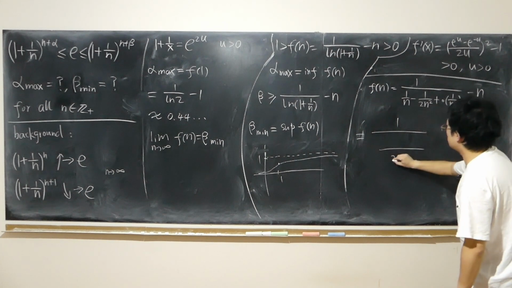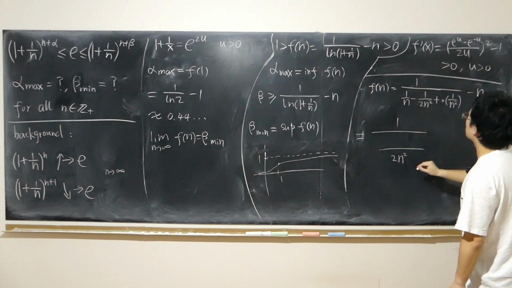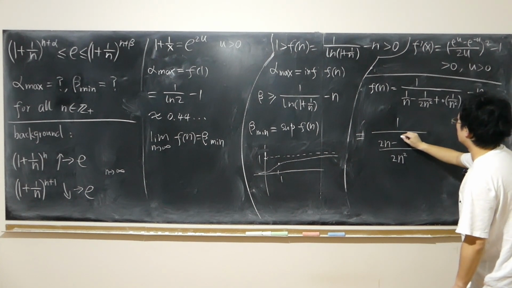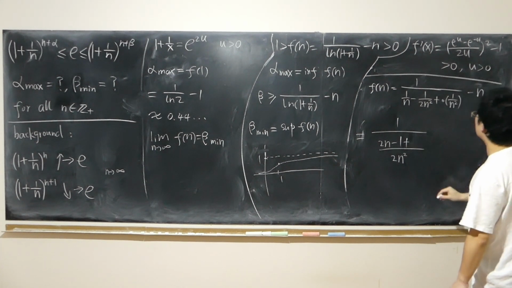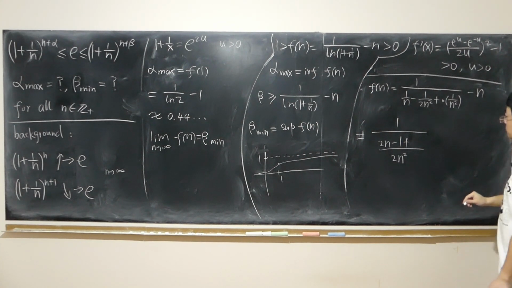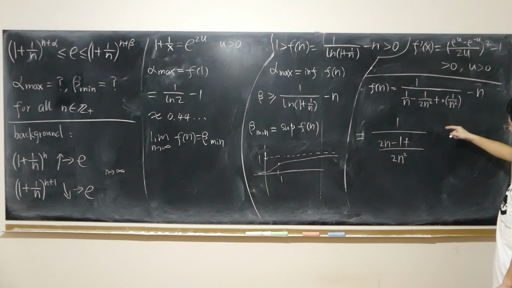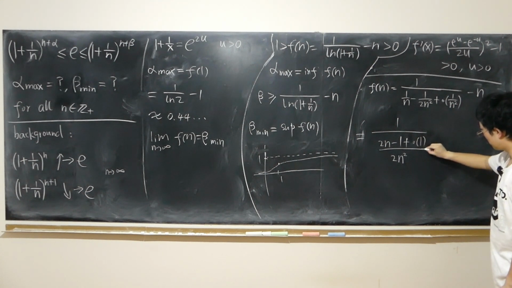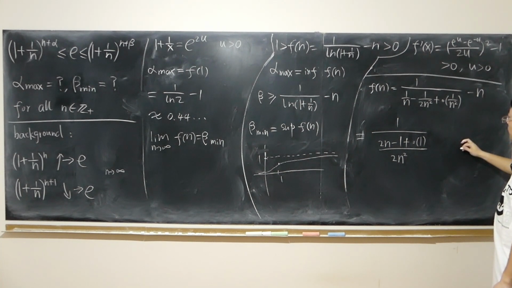Let's use twice n squared, and I have twice n minus 1 plus, after I factor out 1 over twice n squared, little o of 1.